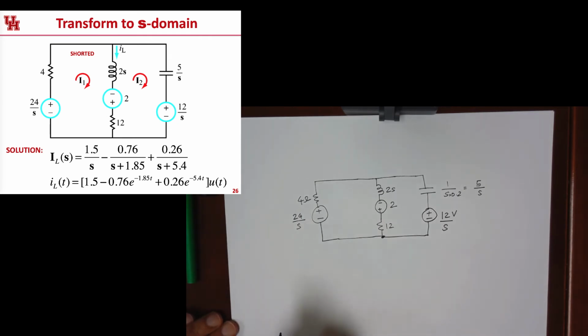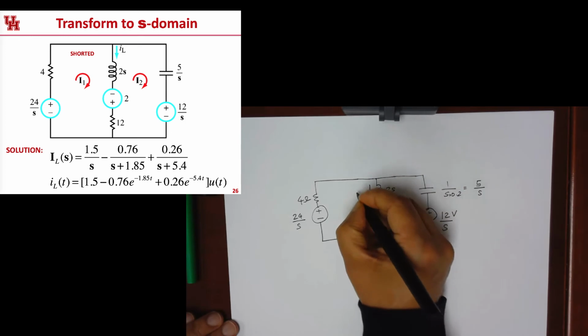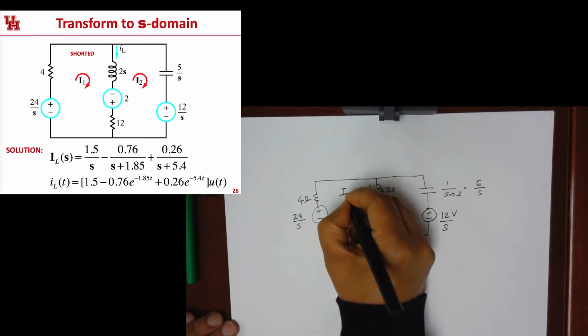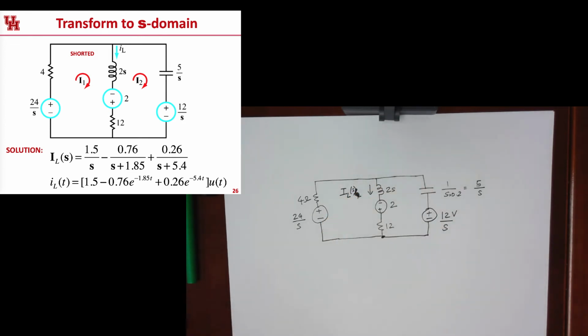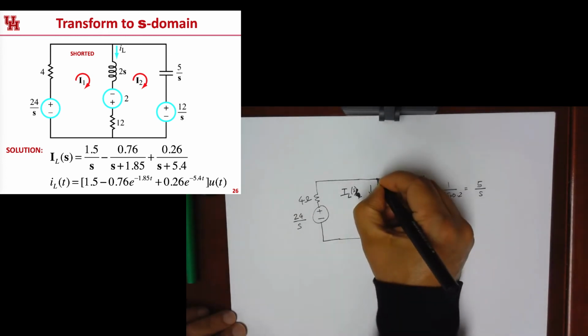So now we need to solve this for IL, right? We're going to do it in the Laplace domain, so I'm going to put a capital IL of S here, right. So we can solve for this using a variety of ways, because the voltage here is common, right?